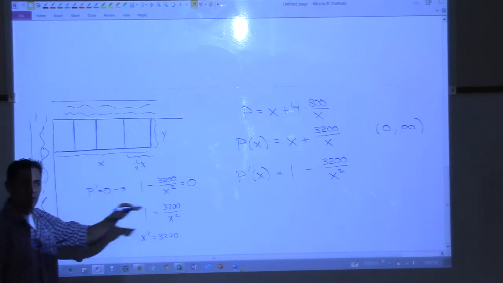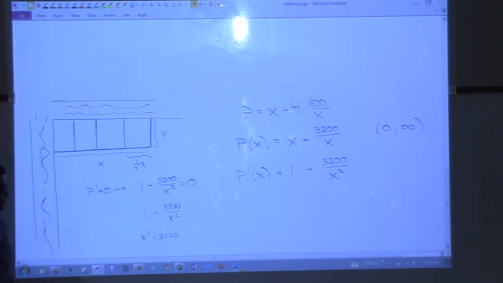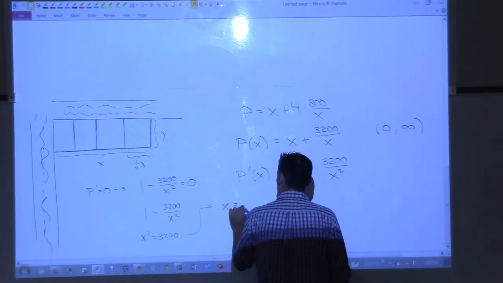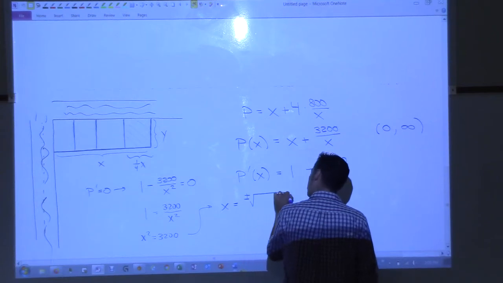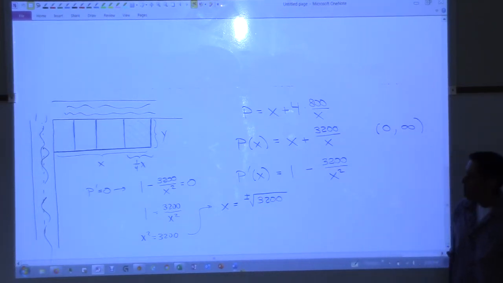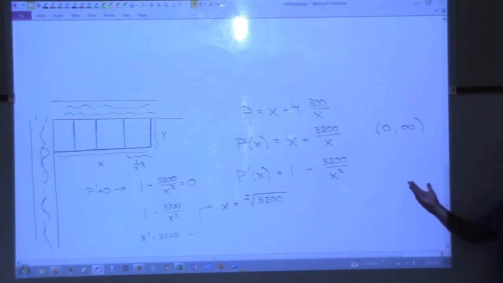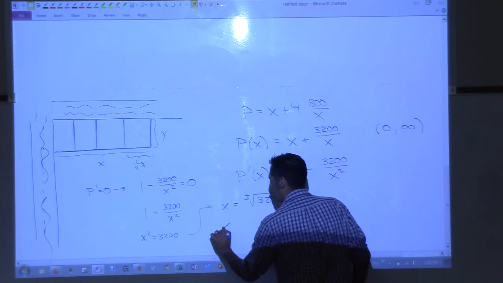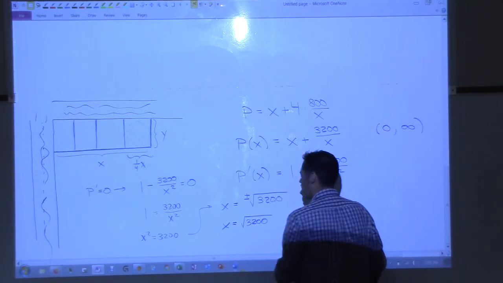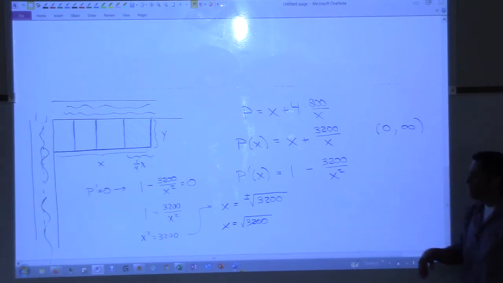And now I'm going to take the square root on both sides, and I should get plus or minus the square root of 3,200. However, I can throw out the negative answer, because I'm only looking at positive x values. So really, my only critical number here is the square root of 3,200. Yes, that could simplify, and we could get it as a decimal and all that good stuff, but I'm just going to leave it like that right now.